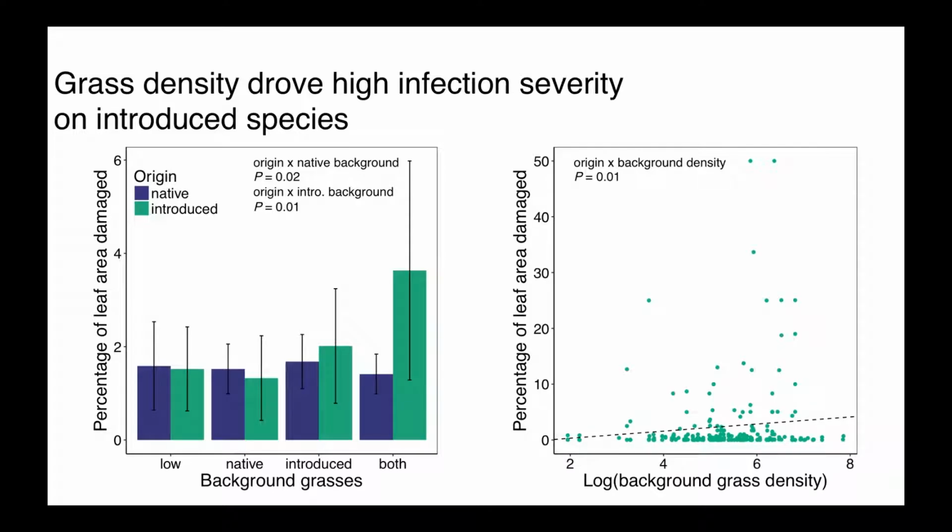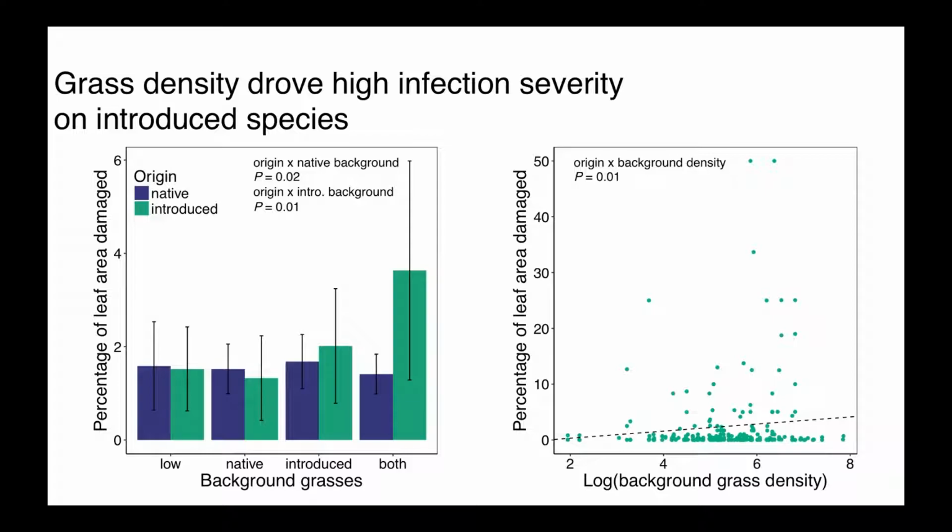If we just break this down and look at the background grass density, that accounts for a lot of this increase. So essentially, when introduced species are in communities that have a lot of individuals, they're getting more infected.